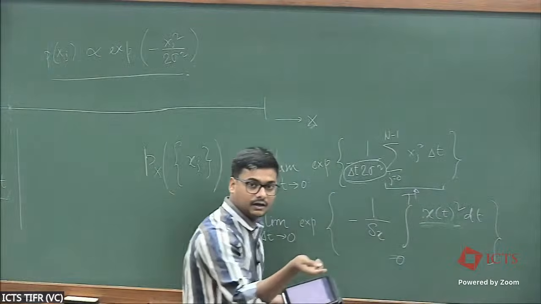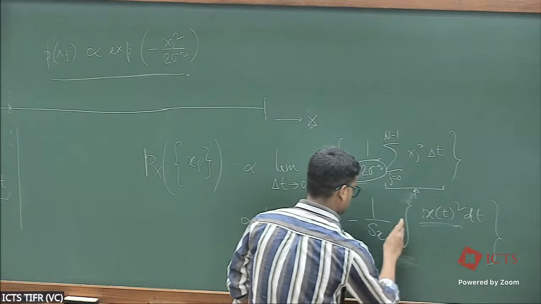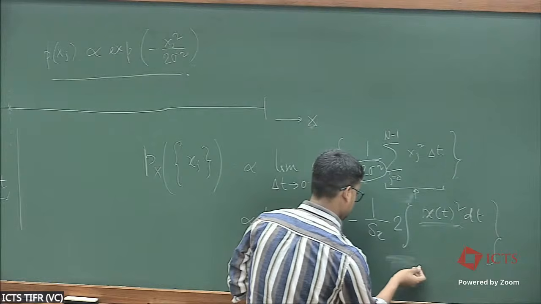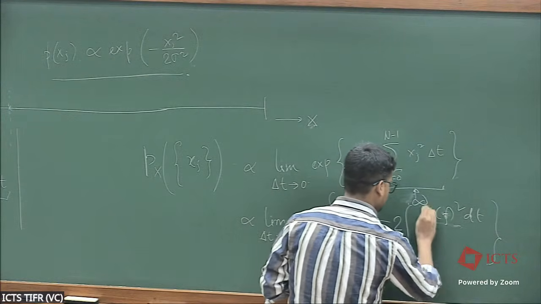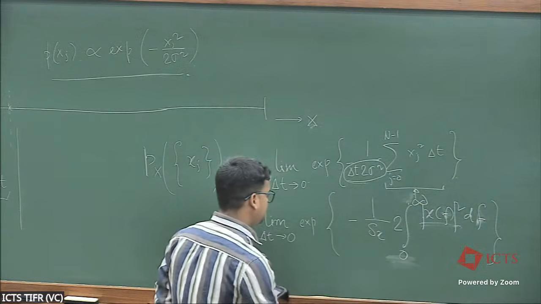So now the power in time domain can be converted using the power in frequency domain. So I'm just going to quickly write everything in frequency domain. It was minus infinity to infinity.